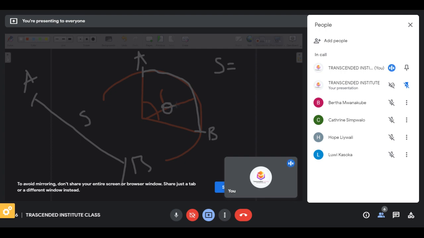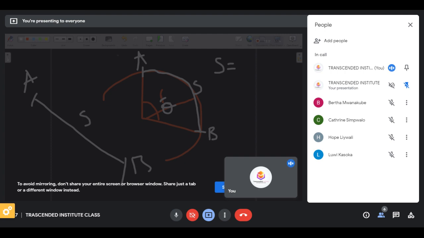I want you to understand that the arc length AB has got a relationship with the angle inside there. The angle talks about the angular displacement, the rotational motion. The S, the length of the arc AB, talks about linear motion. So there is a relationship between the two.